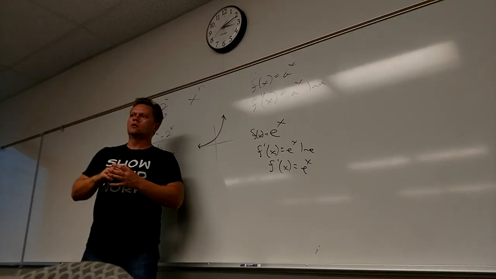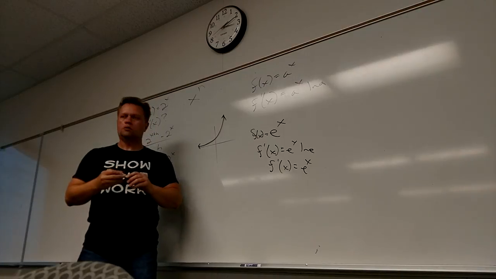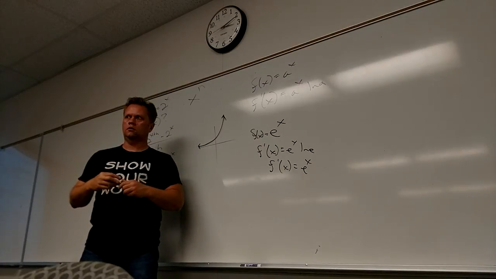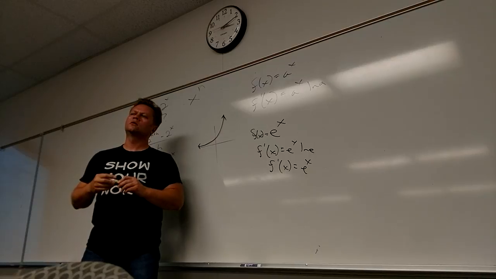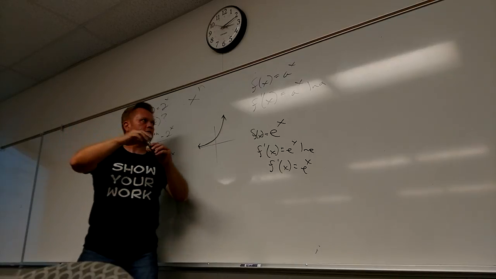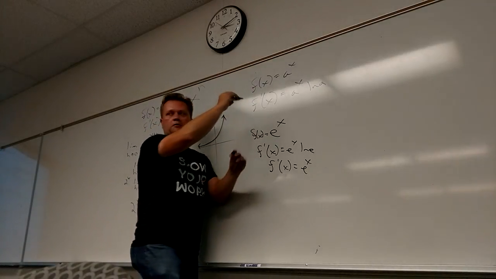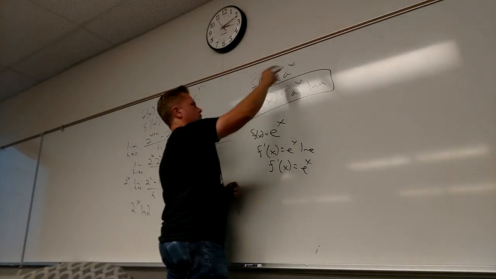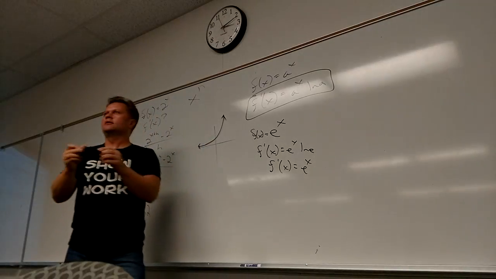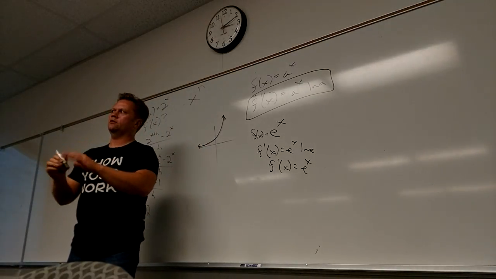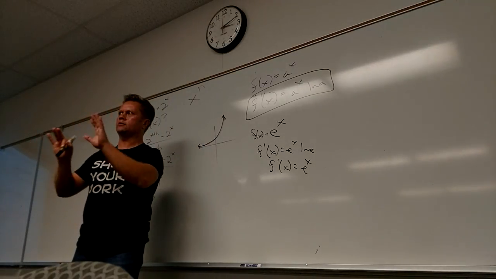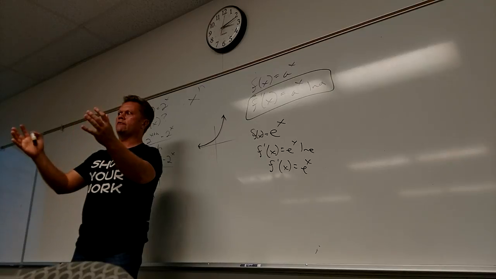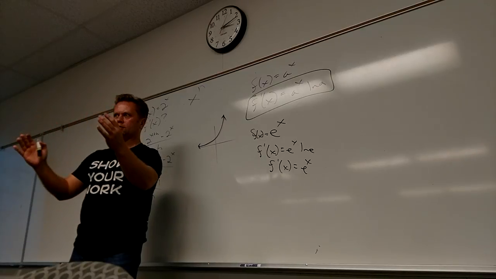So the rule you just showed us only works when the exponent is just x, right? Like if it's not x plus 2? For right now we'll say it only works if this is x. There's a whole idea about taking derivatives when you have a function inside of another function.